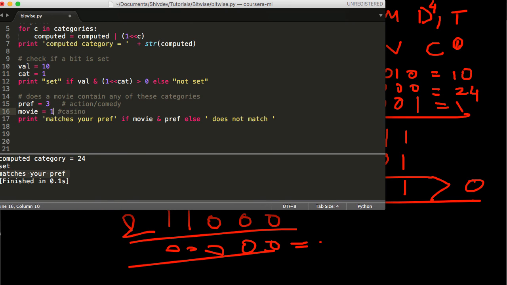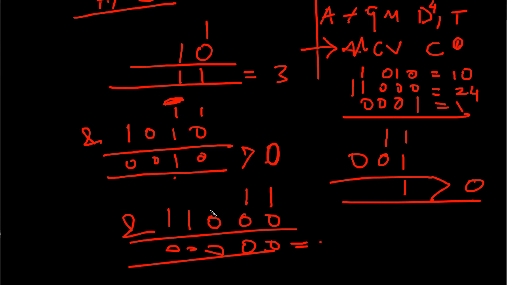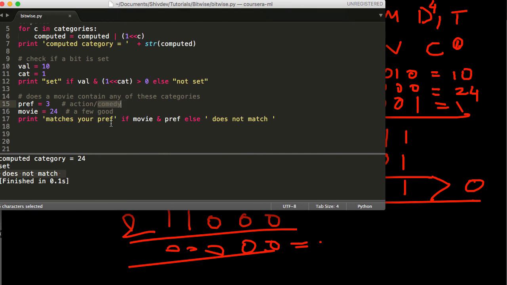And let's look at 24, which was A Few Good Men. It does not match my preference because it is neither action nor comedy. So hopefully that explains bitwise operators to you in general, and I hope I added some value and you're no longer scared by looking at this type of code, and now you know exactly what it means.